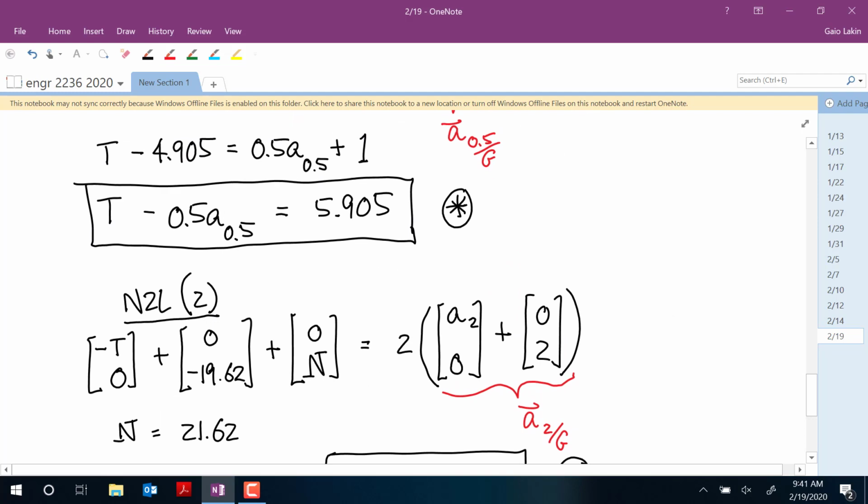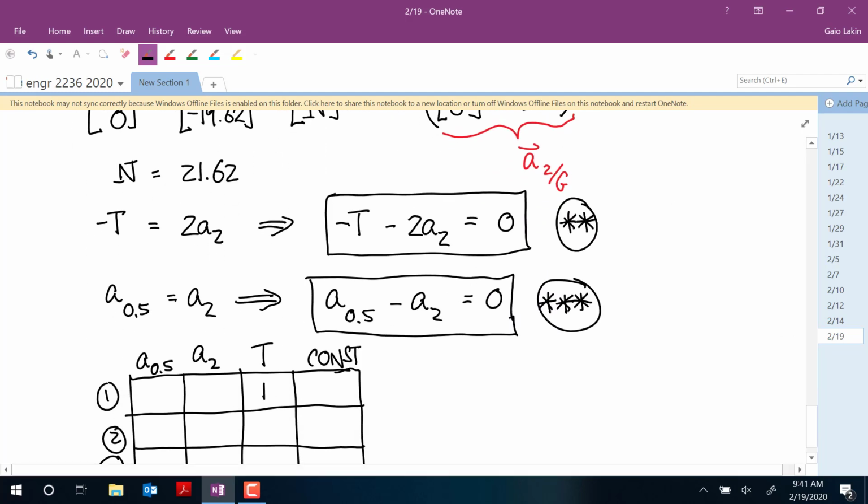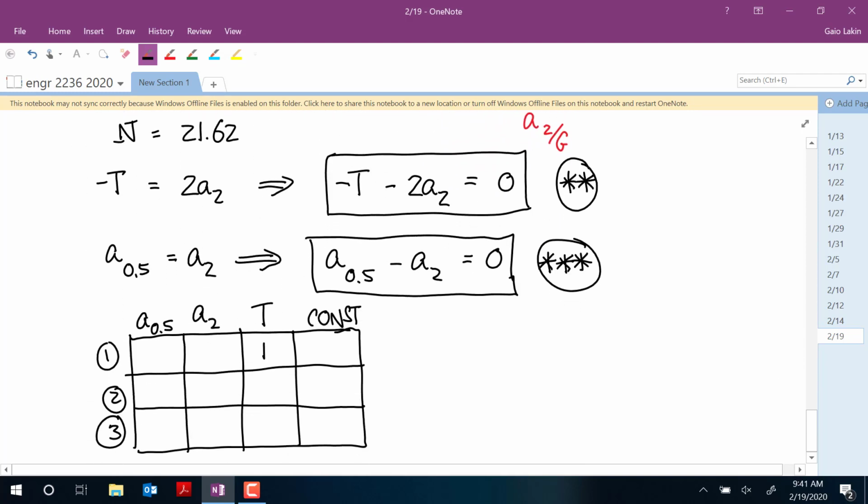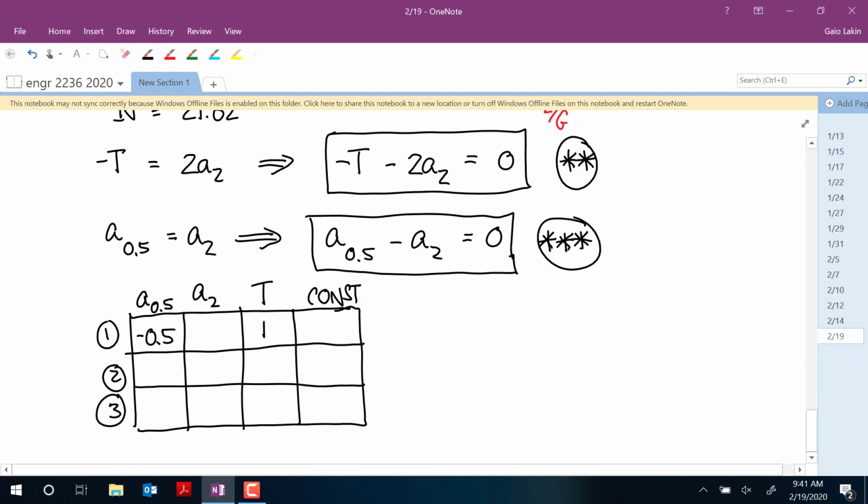Our first equation, we have 1 T minus 0.5 A0.5, and the constant is 5.905. Our second equation, T's, we have -1, A2's, we have -2, everything else is 0. The third one, A2's, we have -1, A0.5's, we have 1, everything else is 0.